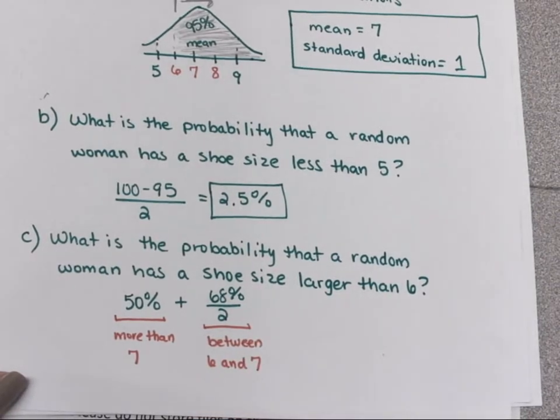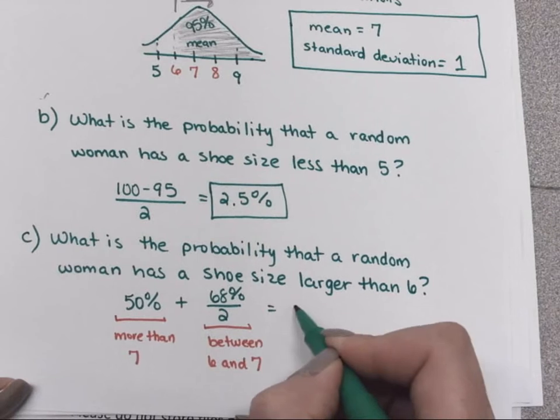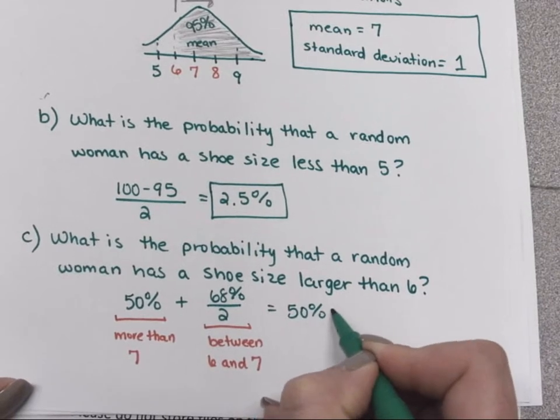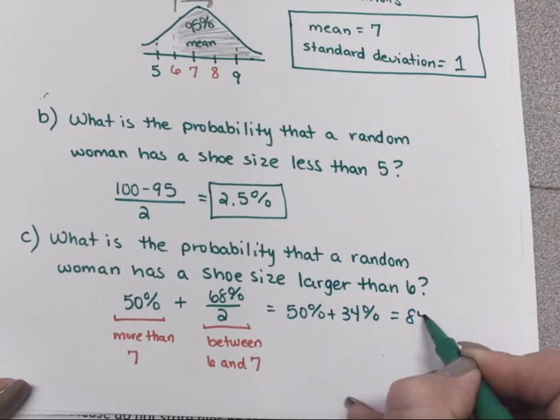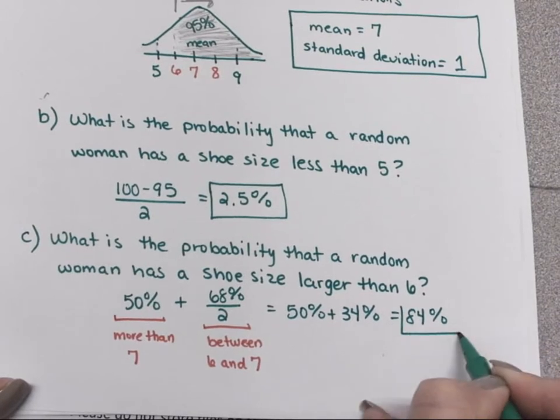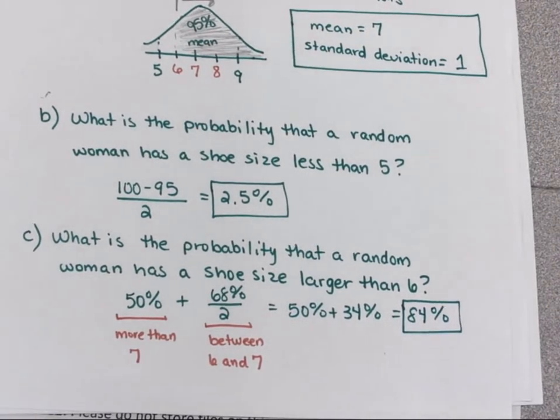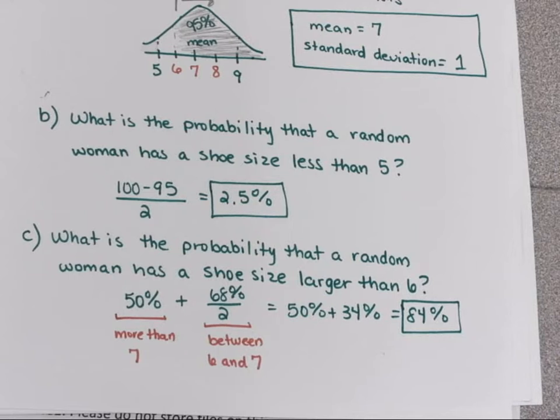Okay, so that might not be the way you do it, but in the end you get 50% plus 34%, which is a total of how much? 84%. Okay. So even with a somewhat non-detailed normal distribution, if you know your 3 percentages, you should be able to get a lot of the combinations of things you might see on the homework.